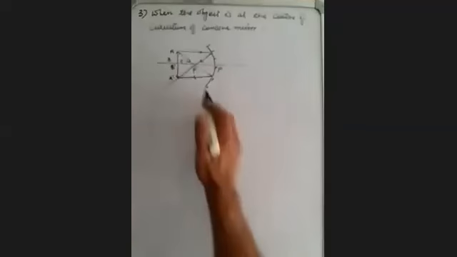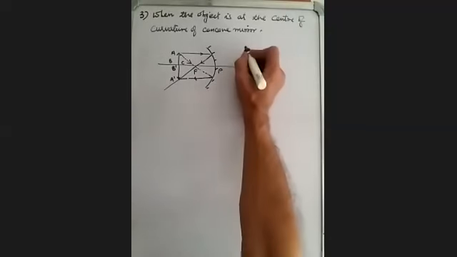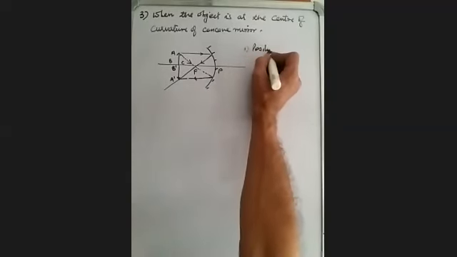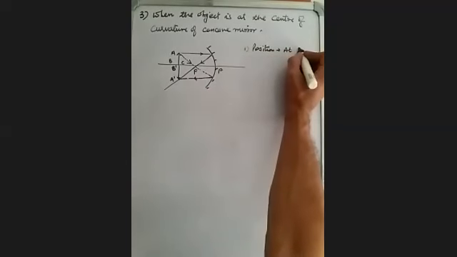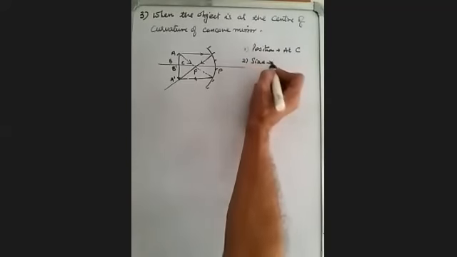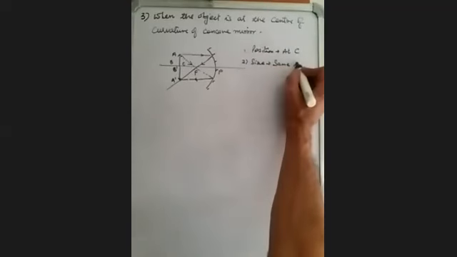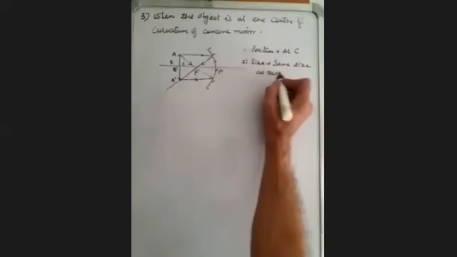So what we observed from this image formation: number one, the position of the image is at the center of curvature. Second, the size of the image will be the same size as the object.